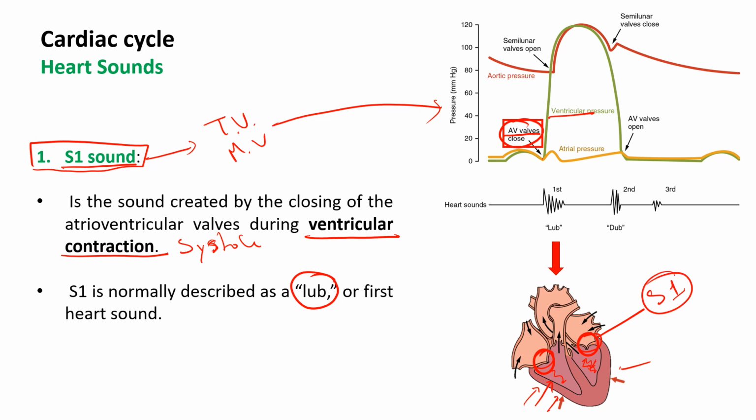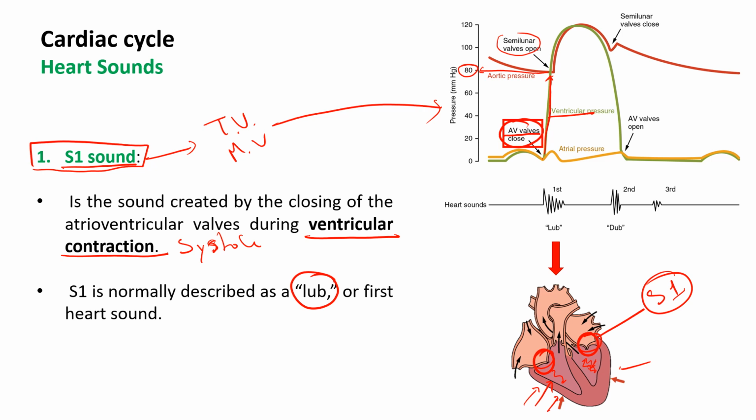That is the equivalent of slamming the door very hard in a room. That's what generates the S1. At the same time, as the pressure goes up, notice that in order for the semilunar valves, aortic and pulmonic valve, to be open, you need to reach a ventricular pressure of about 80, okay?